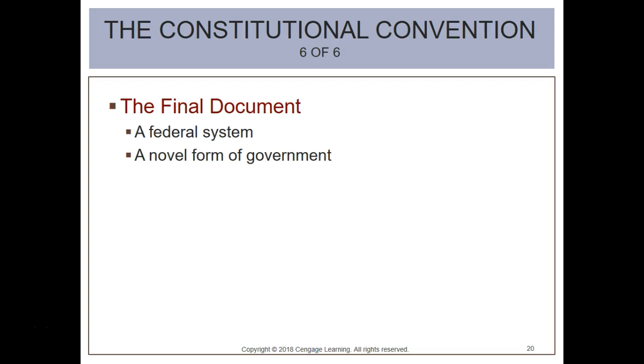The final document, you see, the discussion in the book was approved by 39 delegates.